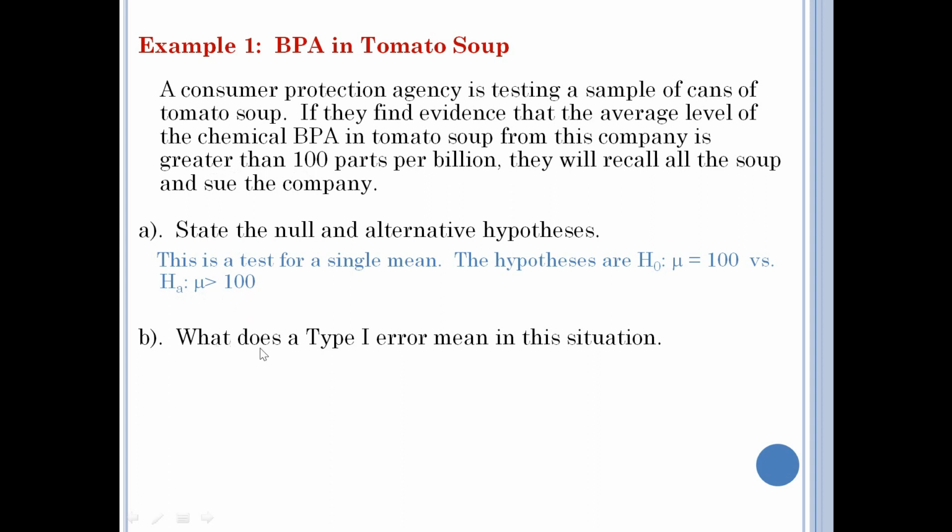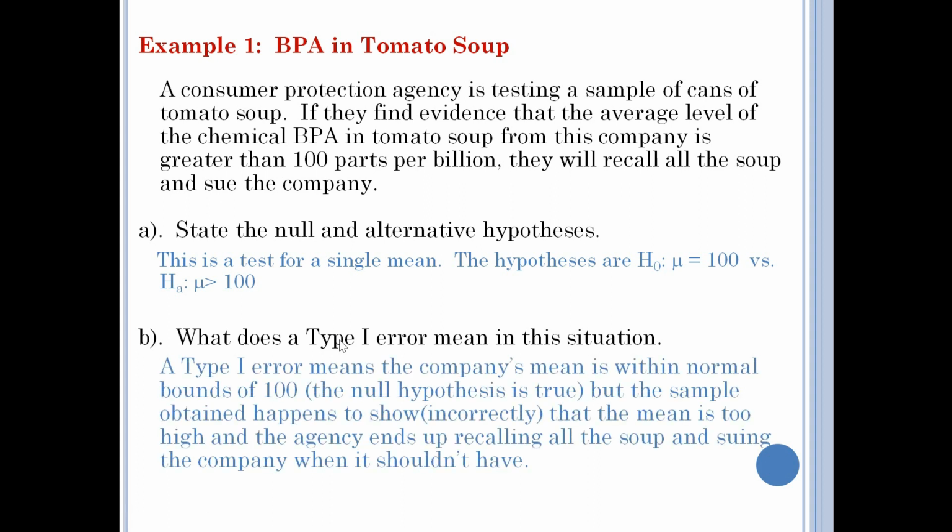Part B. What does type 1 error mean in this situation? Type 1 error means that the company's average is within normal bounds of 100. But the sample obtained happens to show that the mean is too high.